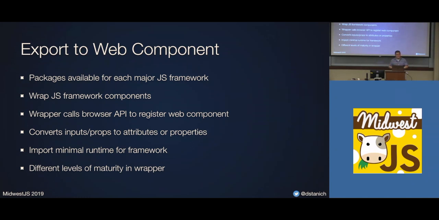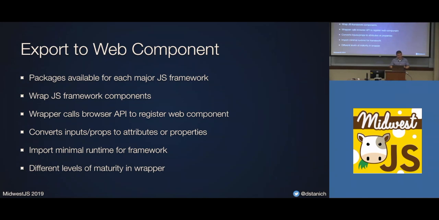What these wrappers do is take your JavaScript framework component, put a wrapper around it, and basically act as a translator between the browser and your JavaScript component. So you still have to import a minimal runtime for your framework. It's not transpiling it down to vanilla JavaScript, so there is some overhead, but it does allow you to use it as a normal HTML element without other frameworks even knowing.